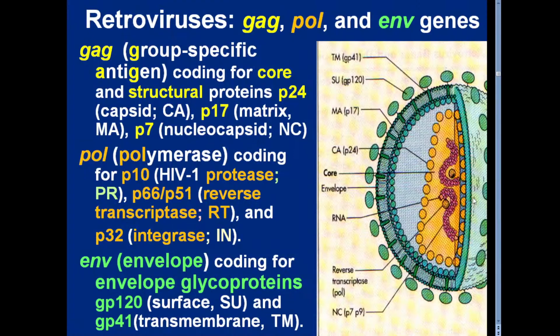What proteins are coded in structural genes? GAG is a short name for group-specific antigens, coding core and structural proteins. P24 is the protein of the capsid. P17, matrix protein. P7, nucleocapsid protein.